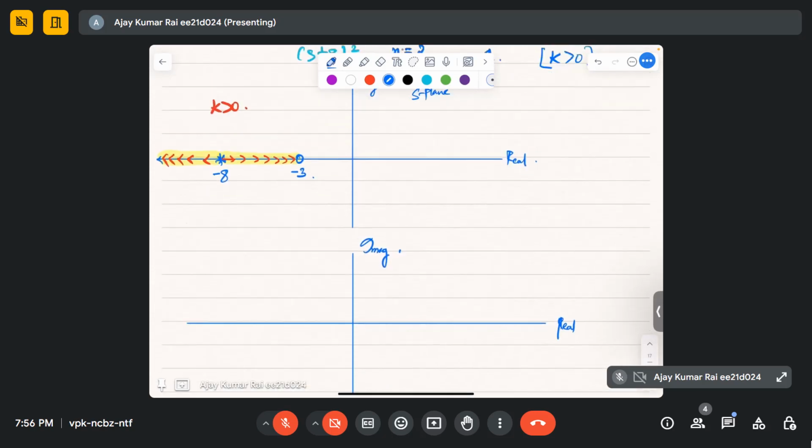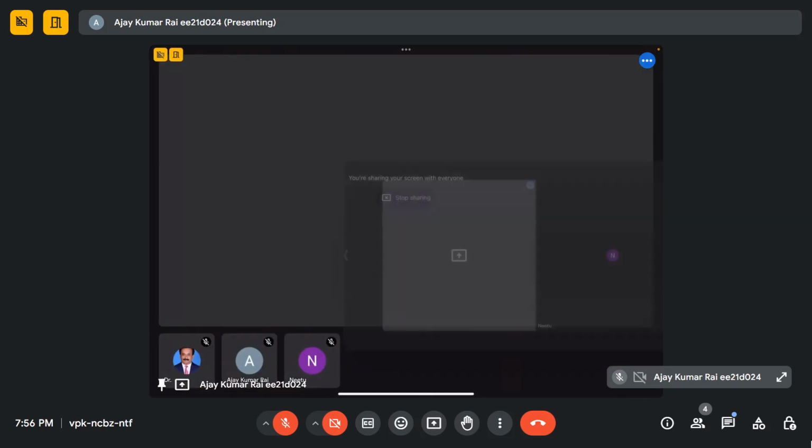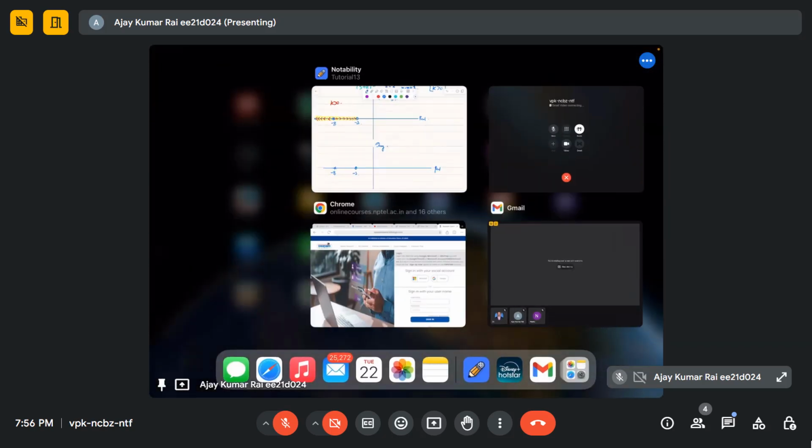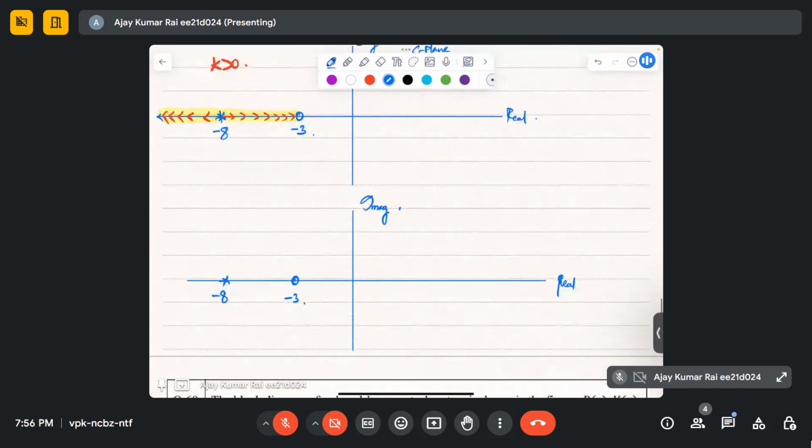Okay, so the rules are opposite, right? So what I can see is minus 8 and minus 3. Since the rules are opposite, I'll have the root locus here, here.